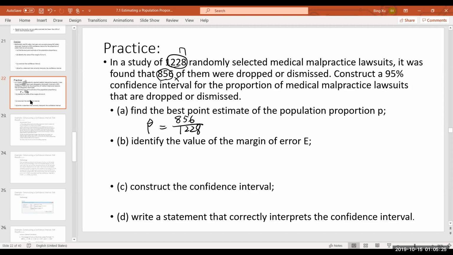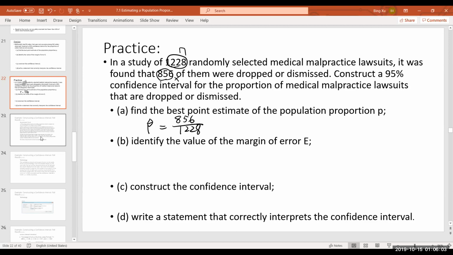That's what I did, and I got 0.70 or 70%. Well, what's interesting is I went on StatCrunch and put in the numbers, and I used the calculation of the upper confidence interval limit plus the lower confidence limit divided by 2, and I came out with 71% instead of 70.